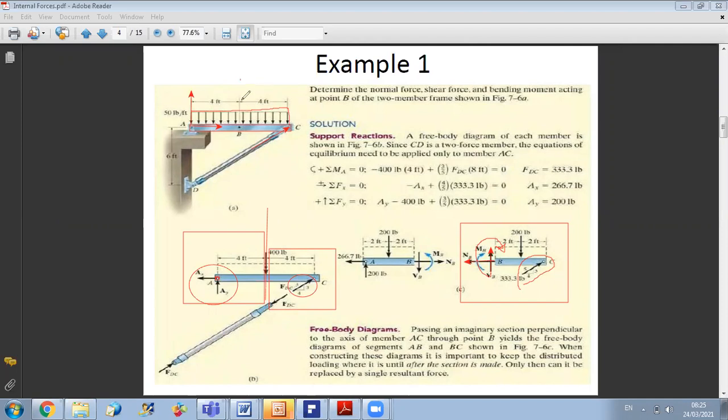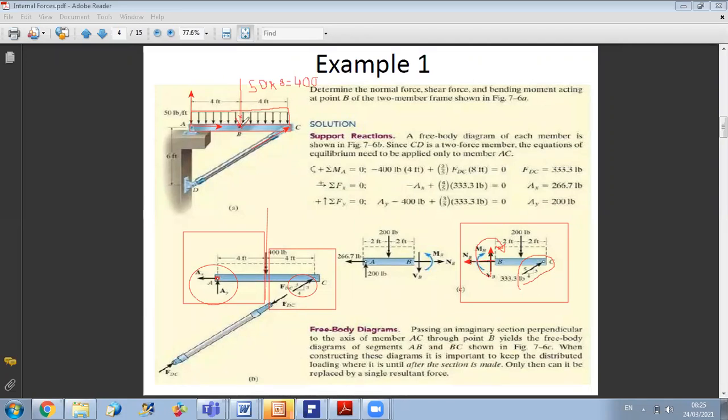This equivalent force will act at the center of the beam at B, so it will be equal to 50 times 8, which is 400. My equivalent force is 400 lb, and it should pass through the centroid, which is just above B, so it will pass here.